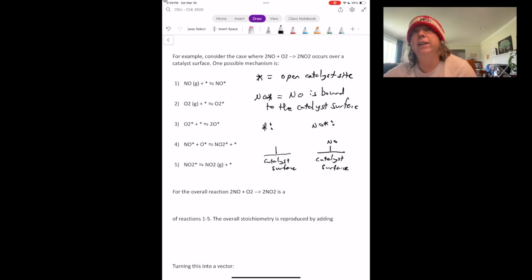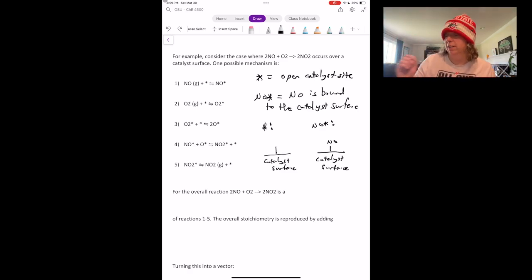I then have nitric oxide bound to the surface and an oxygen atom bound to the surface reacting to form nitrogen dioxide bound to the surface. When I do this, I free up a site, or I regenerate a free site. And then in my last reaction, I have nitrogen dioxide, which is bound to the surface, desorbing. So it becomes unattached from the catalyst surface and regenerates another catalyst site.